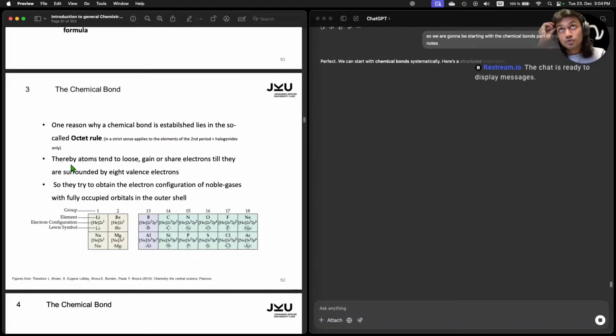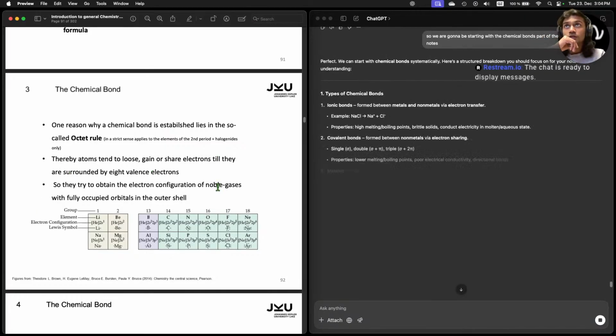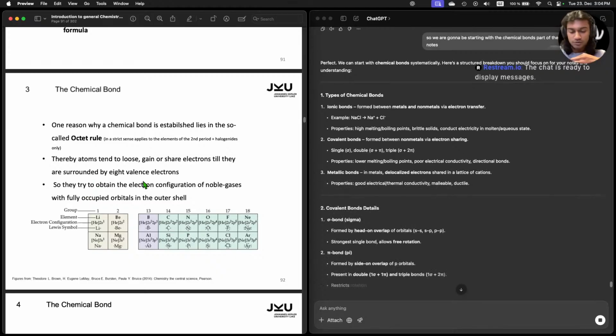Thereby, atoms tend to lose, gain or share electrons till they are surrounded by 8 valence electrons.